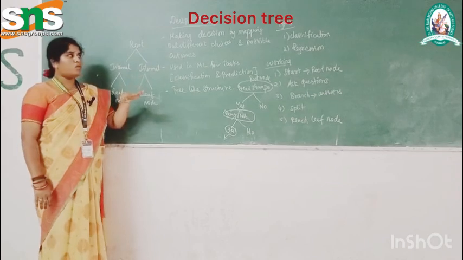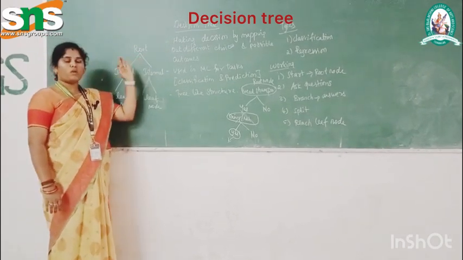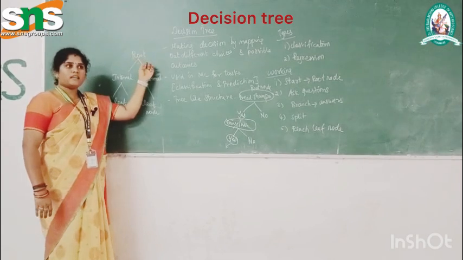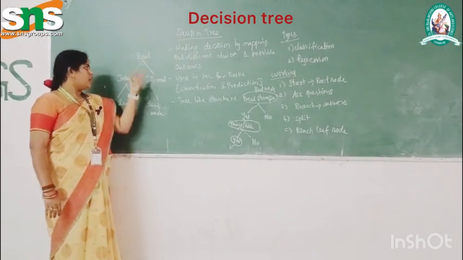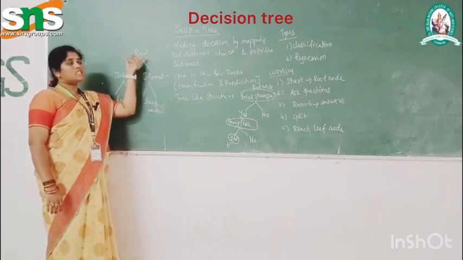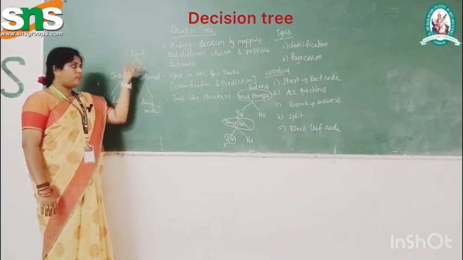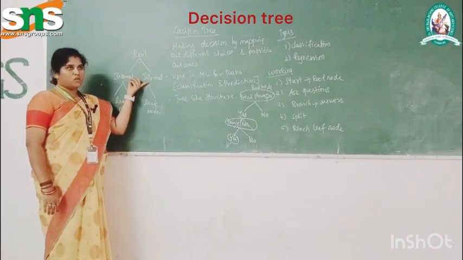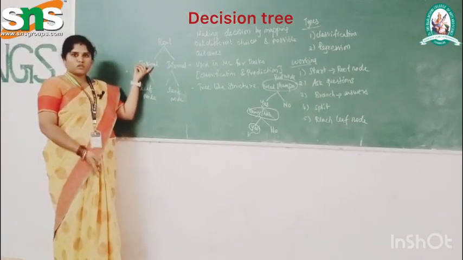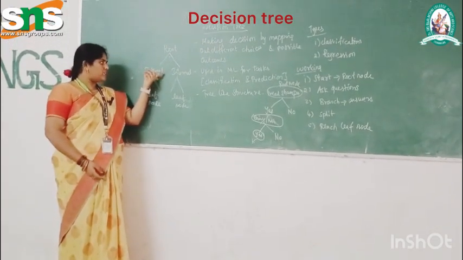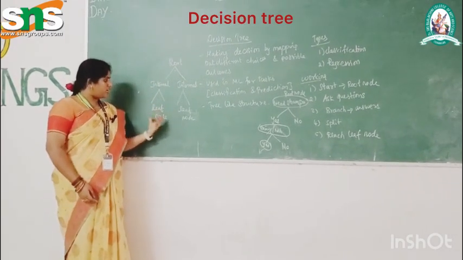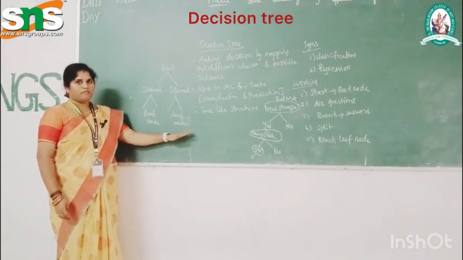We need to know the three steps: the root node, how we set the root node, and how we split the stages based on the questions asked from the root node. We split the internal nodes, and if the internal nodes have questions, we can include them in internal node 1 and move into the other internal nodes. Finally, it reaches the leaf node.